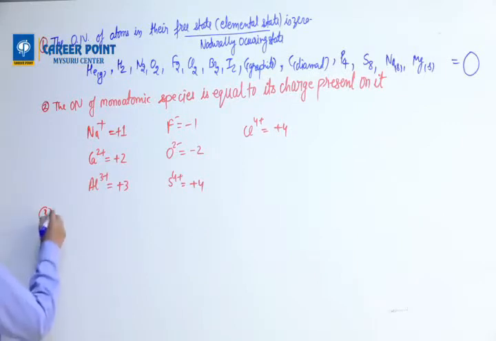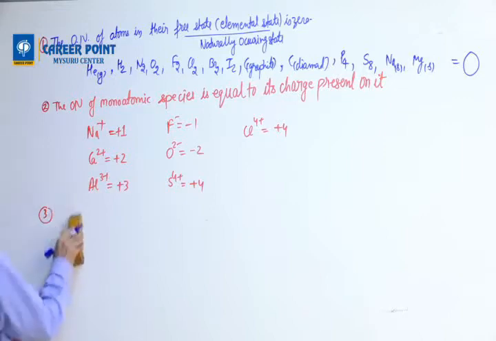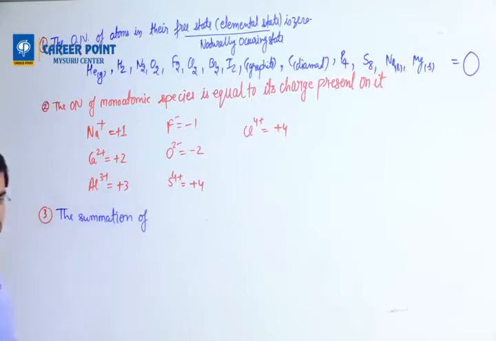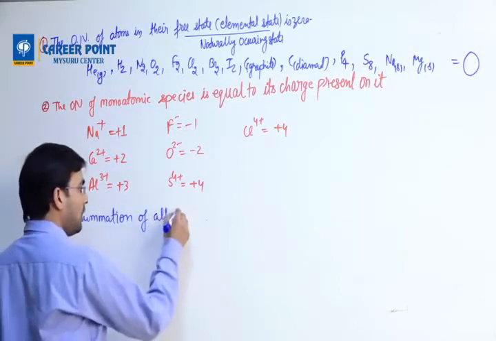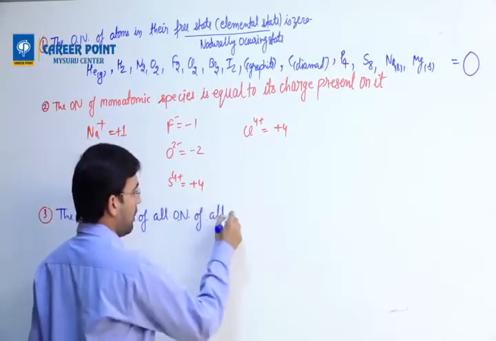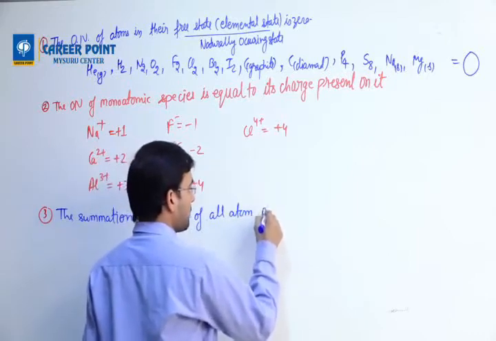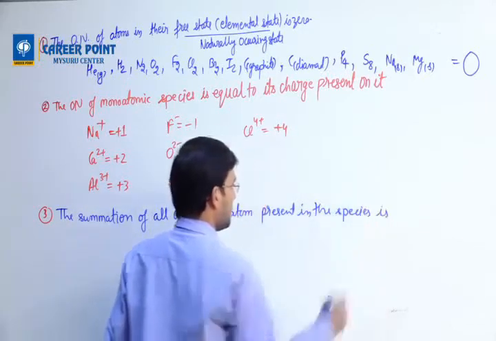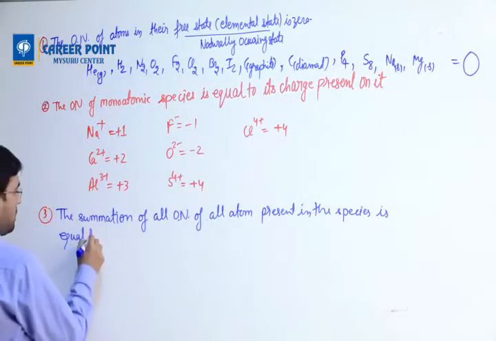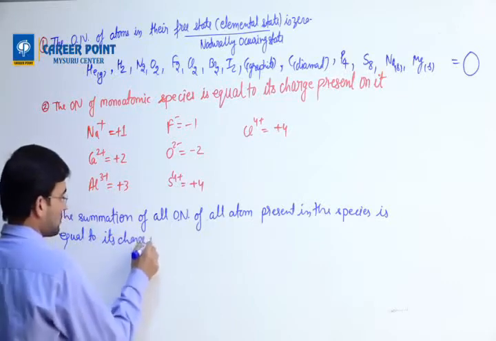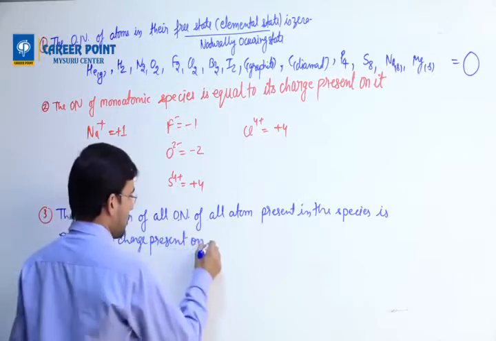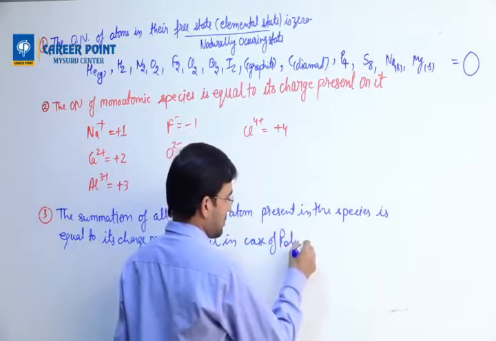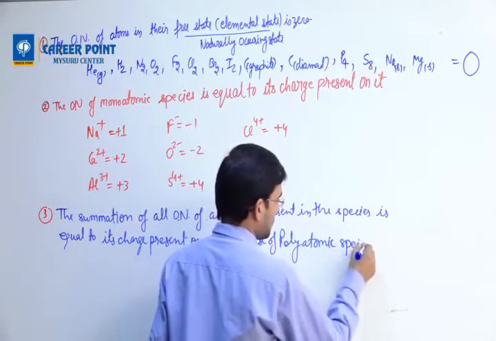The third rule is that the summation of all oxidation numbers of all atoms present in the species is equal to its charge present on it, in case of polyatomic species.